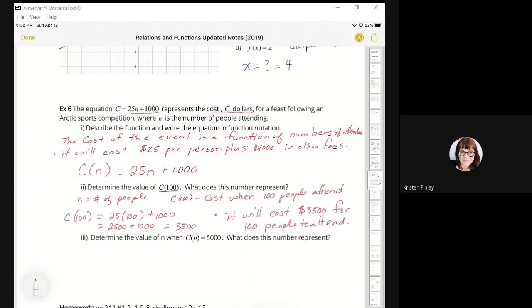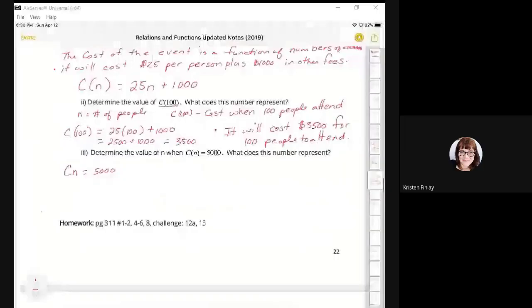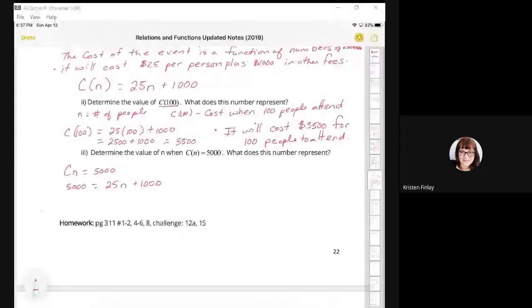Okay. All right. Now it says determine the value of n when C of n equals 5,000. So what does that represent? So let's figure it out first. So 5,000 will equal, we got to put in our function, so it will equal 25n plus 1,000.